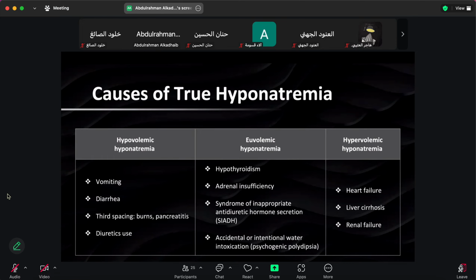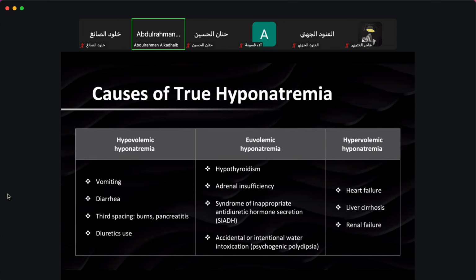High. High, exactly, yeah. So that's why this will lead to an increase in the antidiuretic hormone, which will prevent diuresis, and as a result, this will cause dilution of the sodium and a low sodium level with a normal body volume. So it will not cause significant retention of fluid, but it will cause a drop in the sodium level.